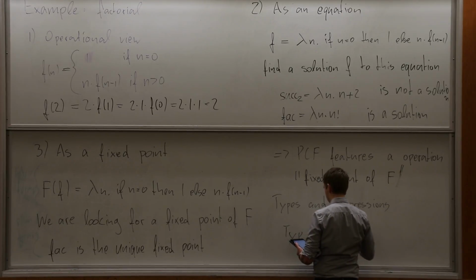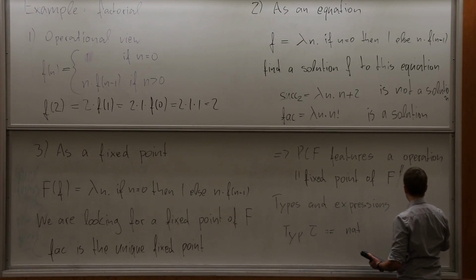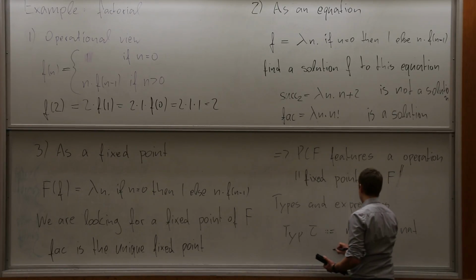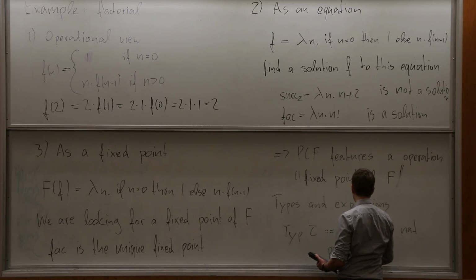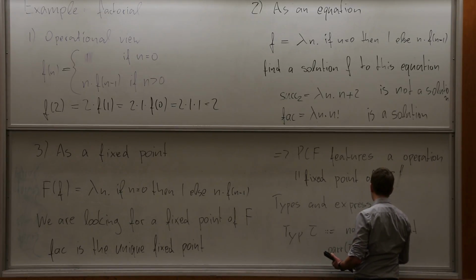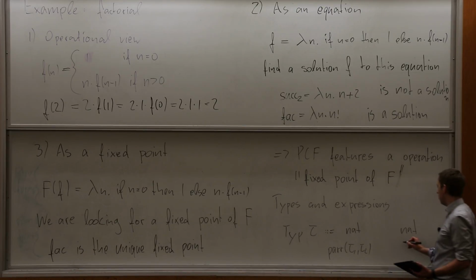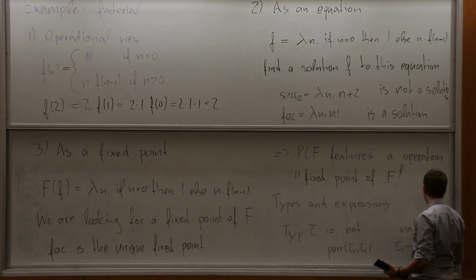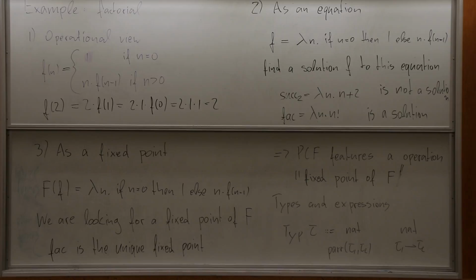So we have the natural numbers, and we have functions. Here I follow the notation in PFPL, and I don't call it arrow, I call it partial arrow, just to emphasize that these functions might not terminate, to remind us of that. But that's a detail, not too important.